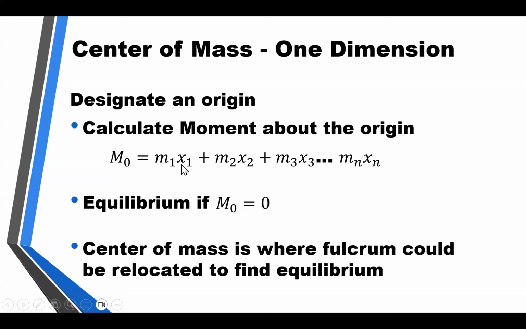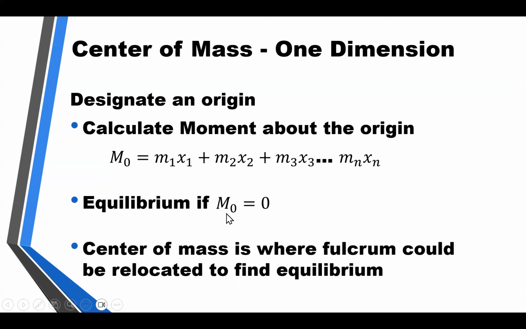Those are the distances away in terms of the x value, and the m1, m2, m3, and so on, are the masses. Now, because we designated an origin, some of these x values could be positive, some of these x values could be negative. We get an equilibrium if this number is 0.